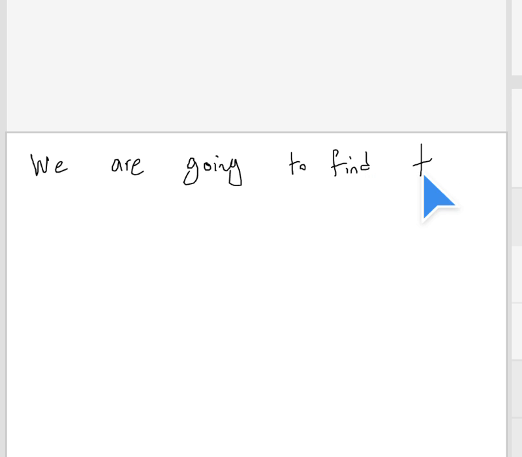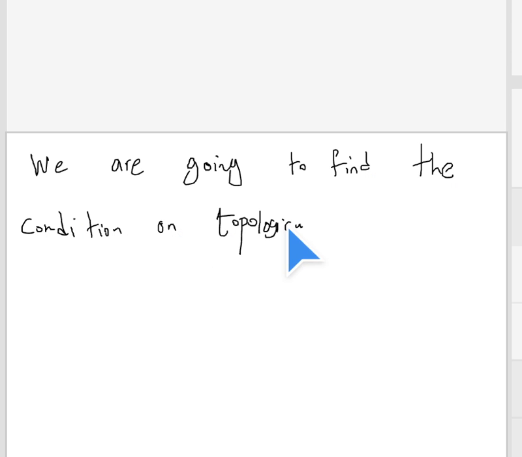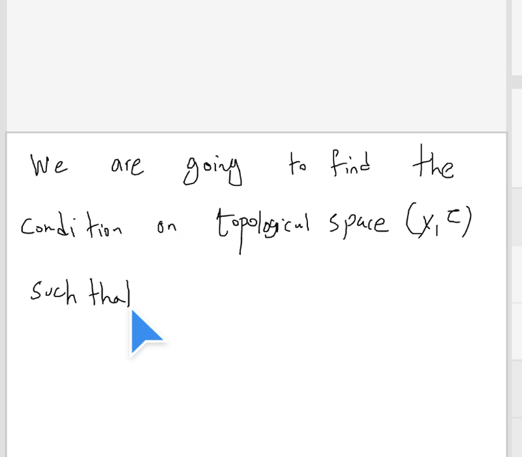We are going to find the condition on a topological space (X, tau) such that it becomes a metrizable topological space.